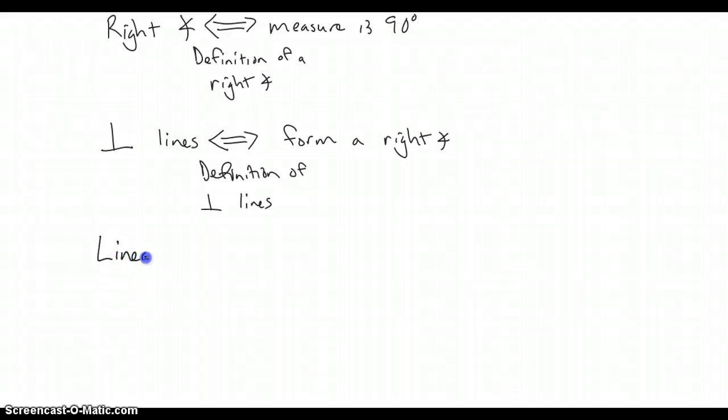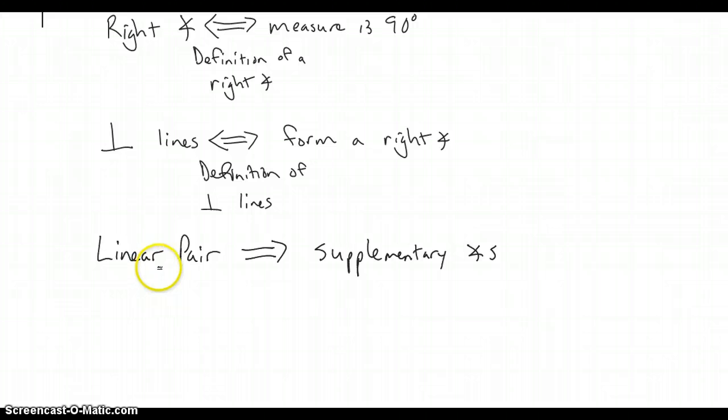If two angles form a linear pair, we can conclude that they are supplementary. Now, the reason we know that a linear pair of angles is supplementary is not by the definition of a linear pair.